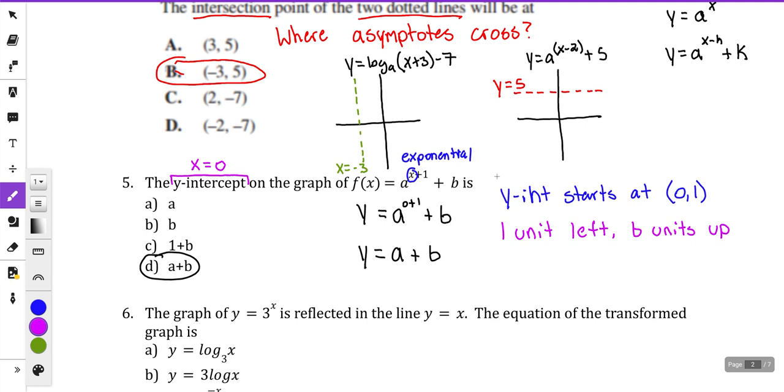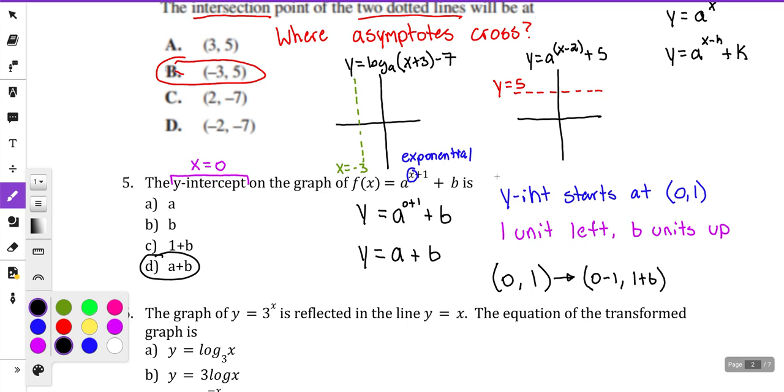The y-intercept also moved 1 unit to the left, b units up. So if you started at 0, 1, that then became 1 unit to the left, so 0 minus 1, b units up, 1 plus b.